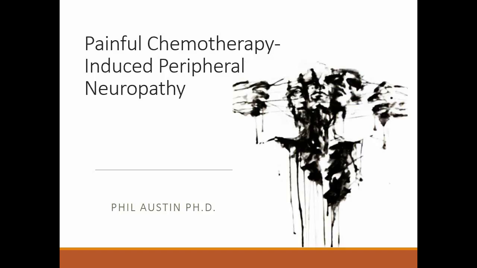So today what I'm really going to cover is an overview of the features, the mechanisms, the evaluation and the treatment of painful chemotherapy-induced peripheral neuropathies. Now I'm going to abandon that straight away and call it CIPN because it's a lot easier for me to say.